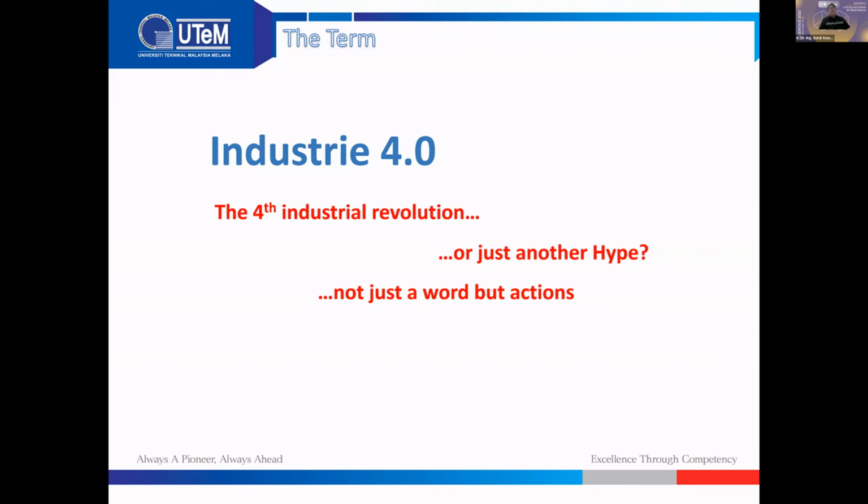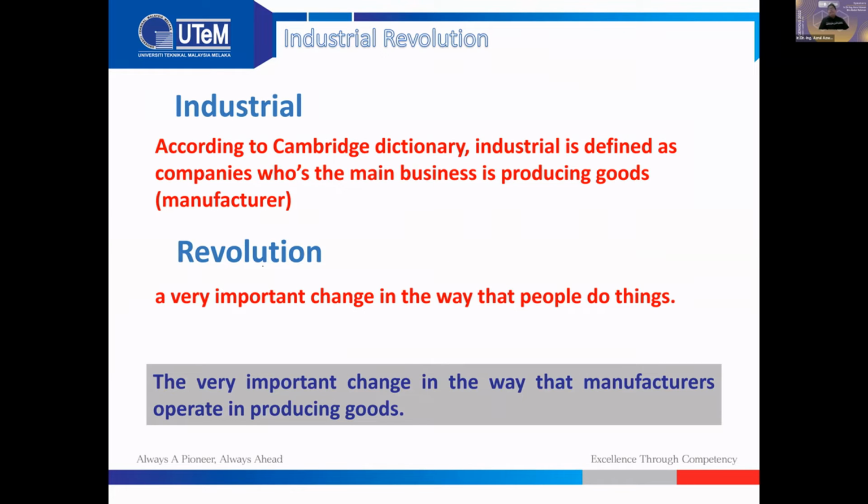However, whenever you talk about Industry 4.0, you have to really understand why it is called the Fourth Industrial Revolution. After all this happened, now we say that we are moving to the Fourth Industrial Revolution. What exactly is the meaning of it? I myself looked into the real definition and why it is called Industrial Revolution.